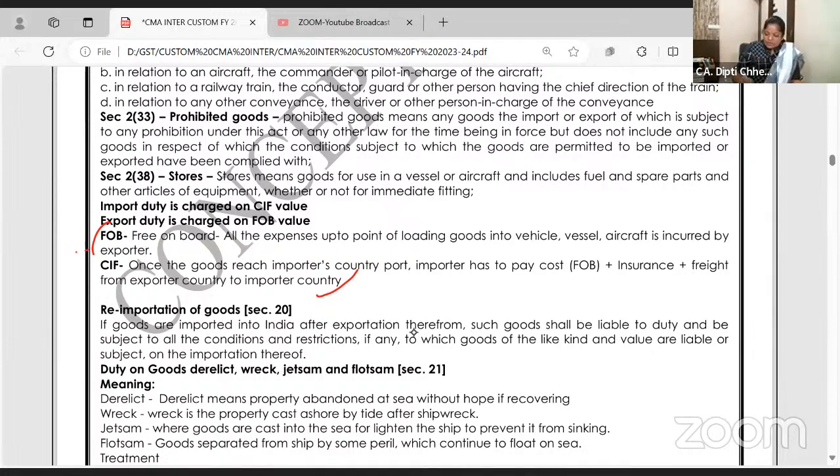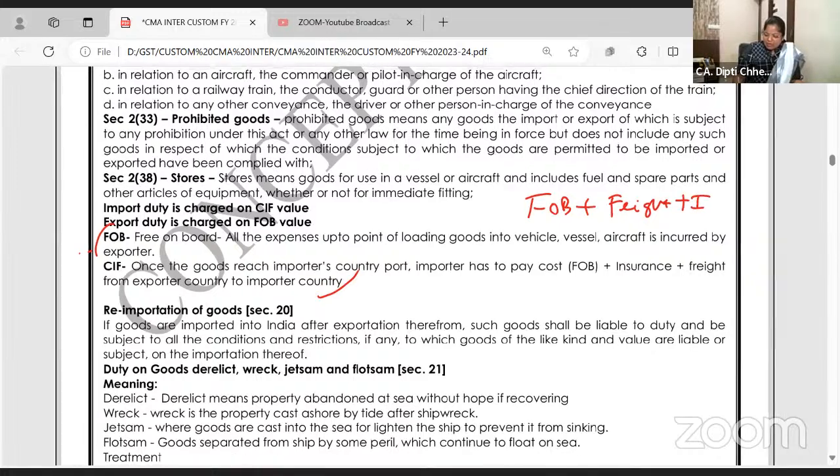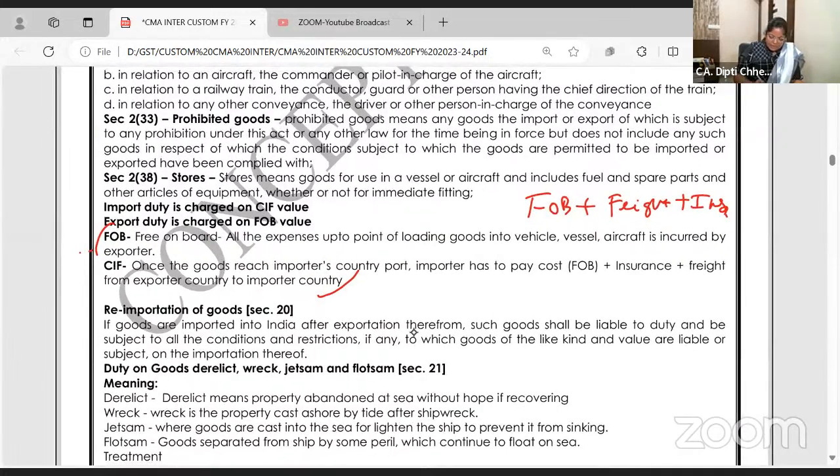After that, when the goods are coming via waterways or airways, to free on board you have to add the freight from, say, Sri Lanka to India, and you have to add the on-road insurance. This will be called cost, insurance and freight. That is CIF value.